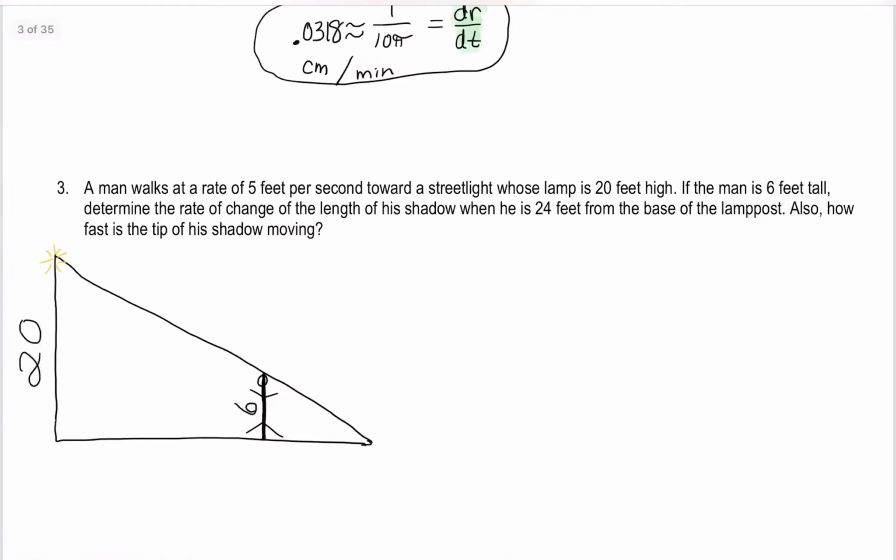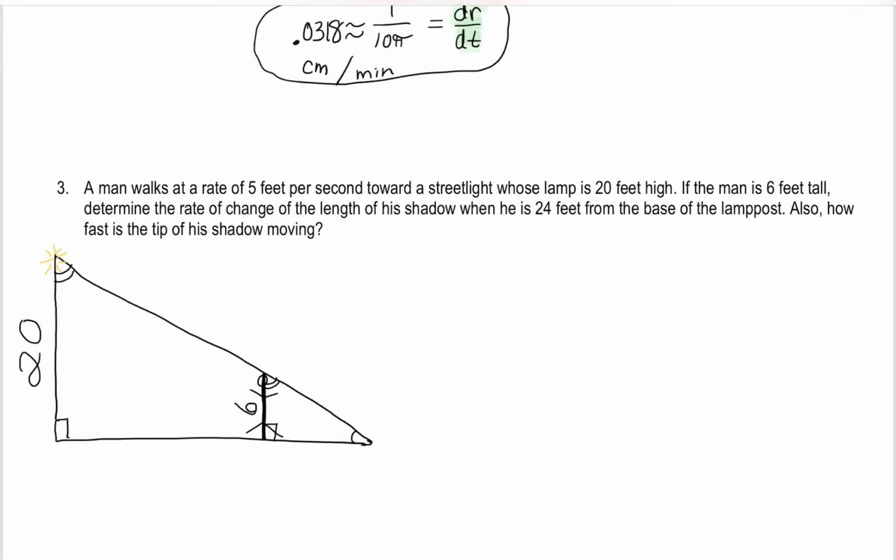What we have are two right triangles where they both have a right angle in the lower left-hand corner, and they both share the same lower right-hand corner angle. Since the angles of a triangle have to add up to 180, that means their upper left-hand corner angles are equal. And when all of the angles are equal, you have what we call similar triangles, so their side lengths are proportional.